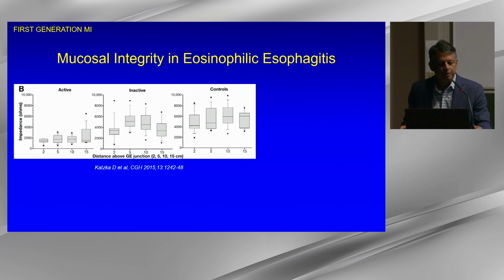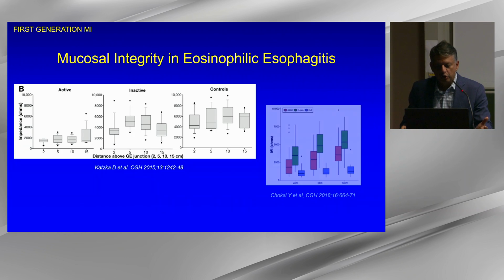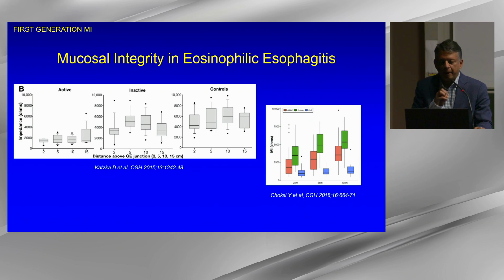David Katzka's group from Mayo demonstrated that if you treated EOE, this is EOE data, you could see an increase in baseline impedance in the distal esophagus that would come close to what you saw in controls, and that you could differentiate GERD from EOE and non-GERD situations by looking at the pattern of decrease in impedance in the distal esophagus.